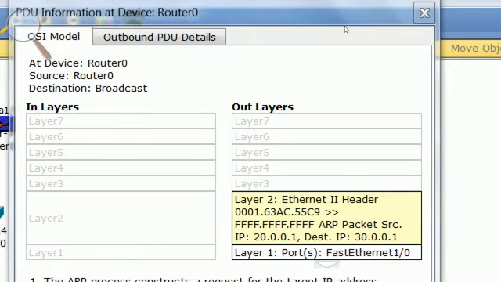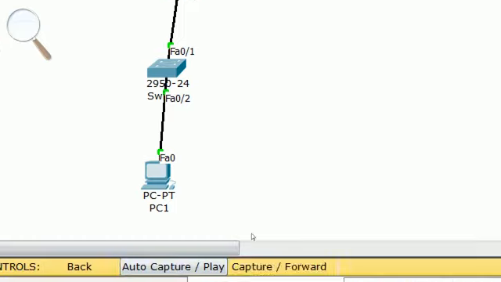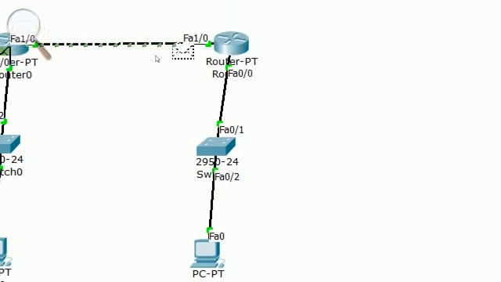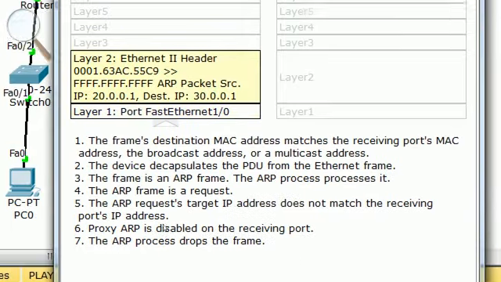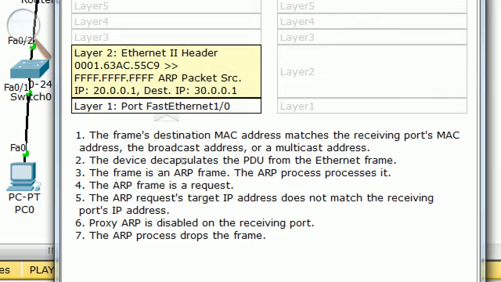Now this ARP will travel. Now read this point. First point: it matches the receiving port MAC address, the broadcast address, and it is a broadcast address.